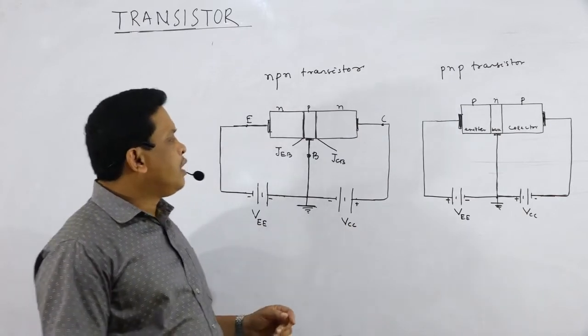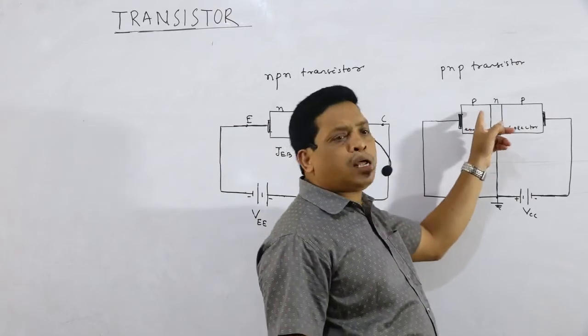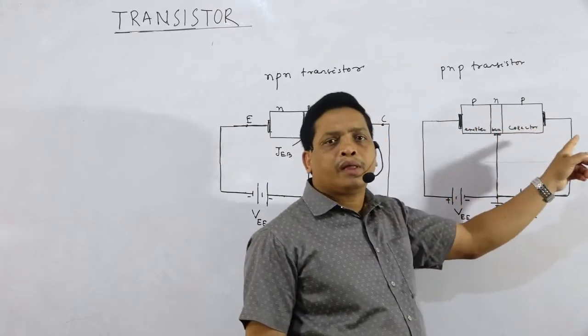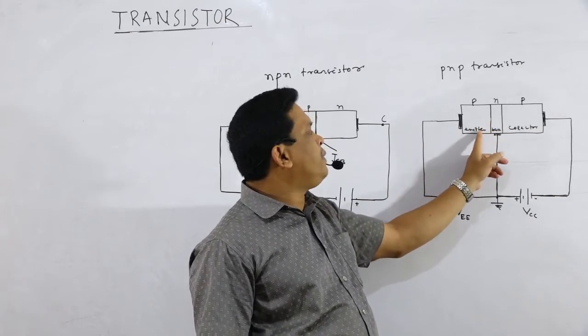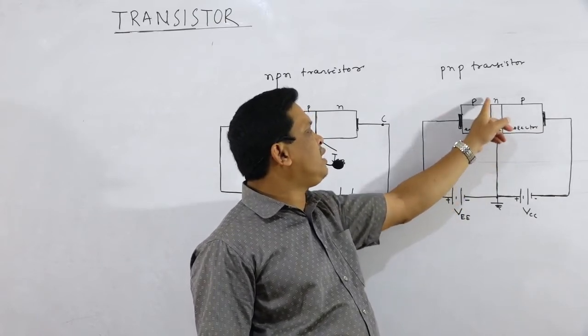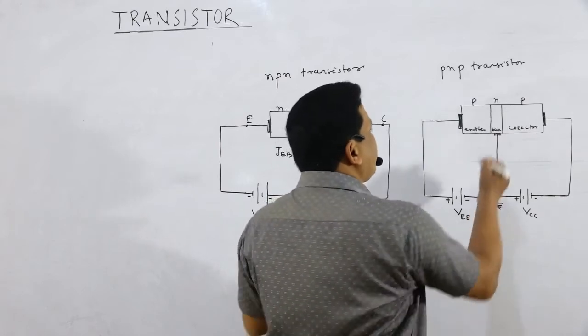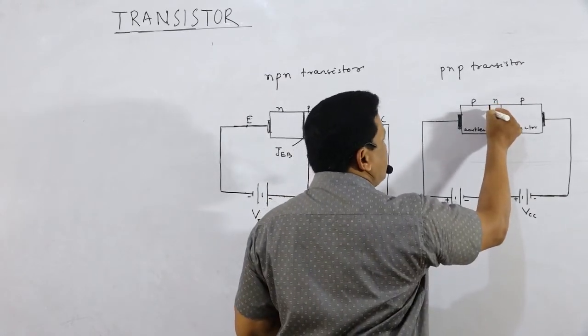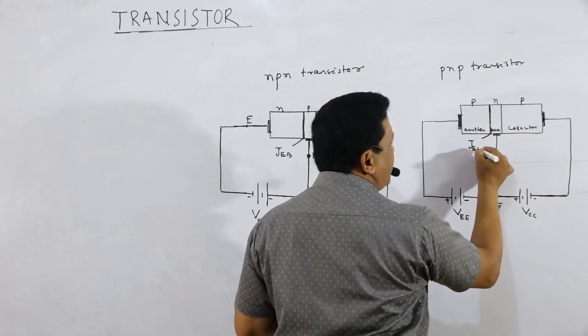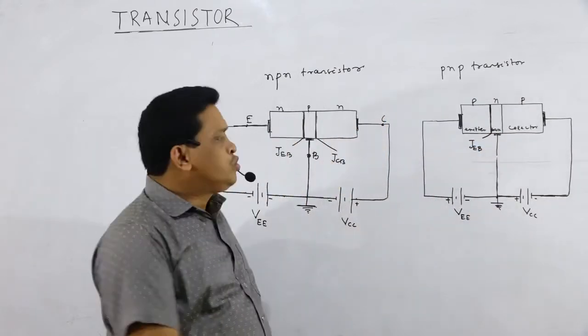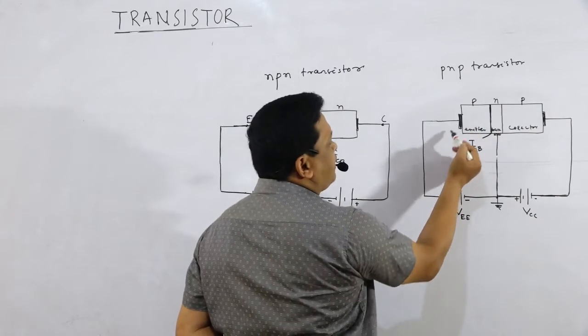Okay. But in this PNP type transistor, this is the input PN junction between emitter and base. This one, the emitter base PN junction, has a P material.